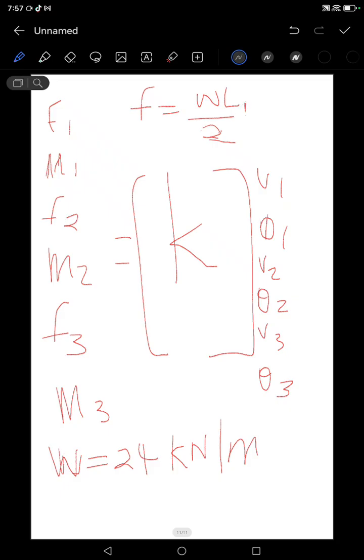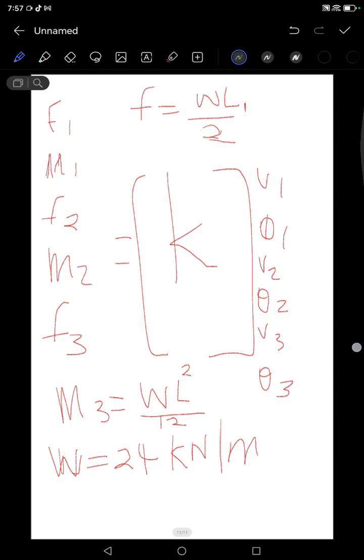And to calculate the moment, M equals UDL multiplied by L squared over 12. So to calculate force, we use this formula, and to calculate moment, we use this formula, UDL multiplied by L squared over 12. Then you get the values of F1, M1, F2, M2, and F3.